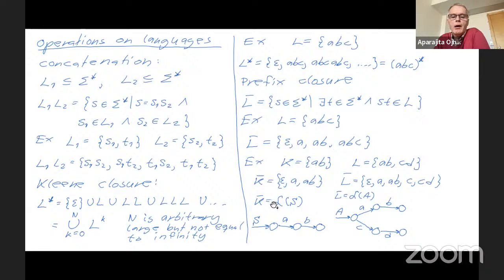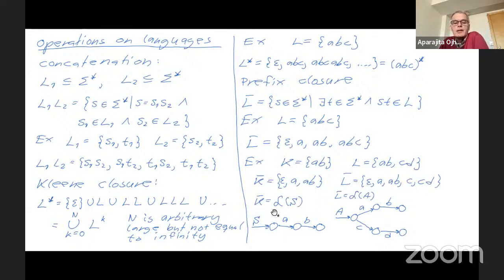But now let's say that you have K equal AB and L equal AB and CD. So K is a subset of L in this case because it includes only AB, while L includes also CD. Then we look at the prefix closure of L and K. K bar has epsilon, A and AB, while L bar has epsilon, A, AB, C, CD.